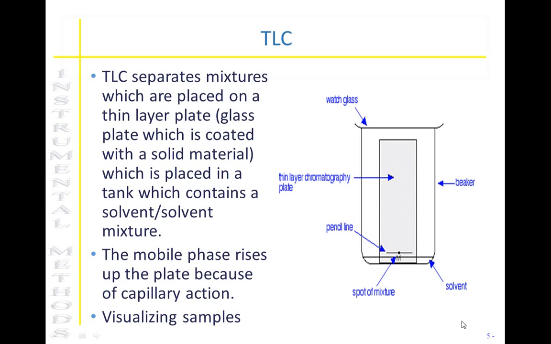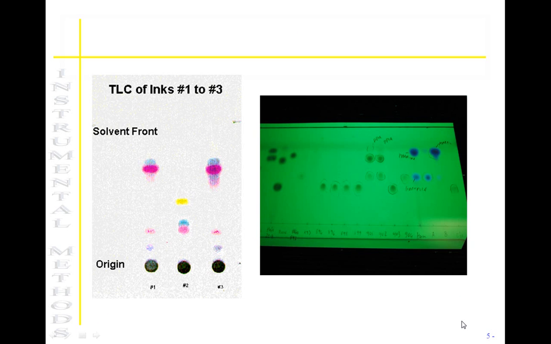In this separation technique, most of the time there are going to be visualizing samples or sprays that will help visualize the actual samples as they're separated. And you can obtain results very similar to what is shown on this slide.